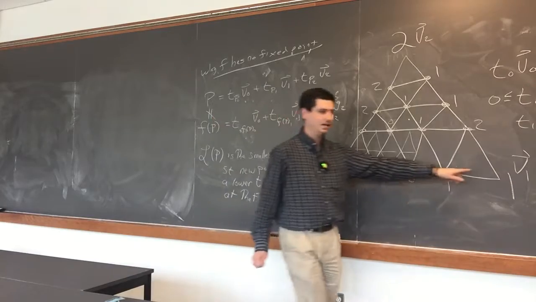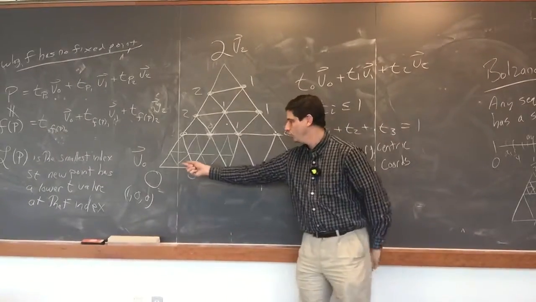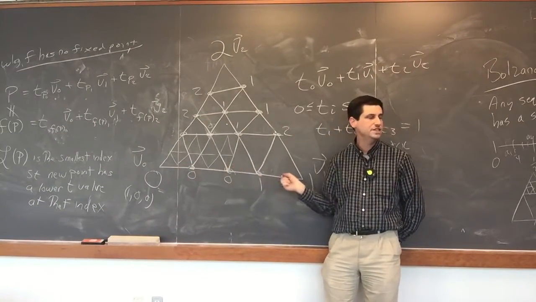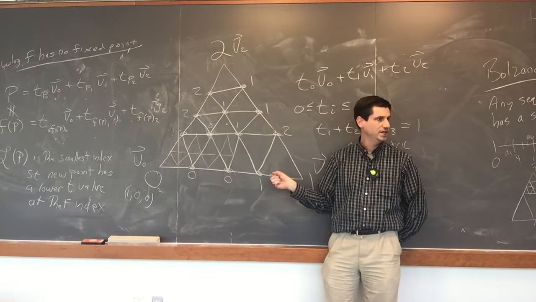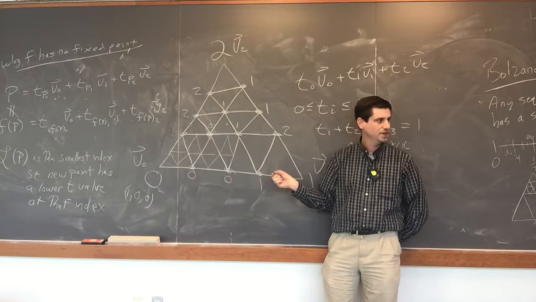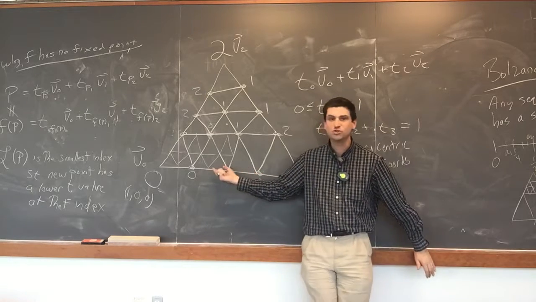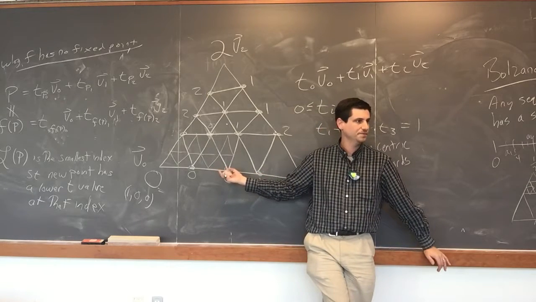If I look at this line over here, along this line, I only have t0 and t1. I don't have any t2. Is it possible that both t0 and t1 increase along the bottom line? No, why not?